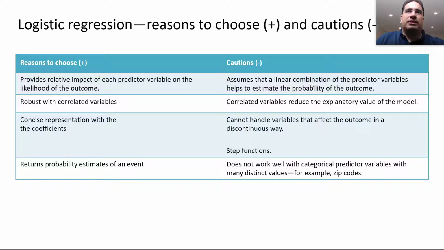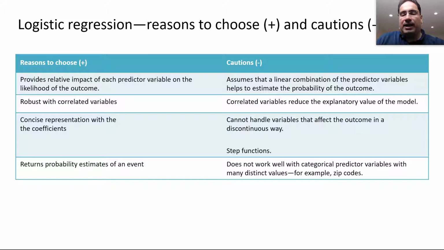So the caution is that if your input variables are not independent of each other, or if they're not linear, then it's not going to work for you. So make sure that you avoid, to some extent, correlated values.